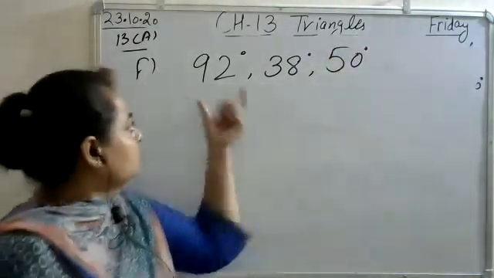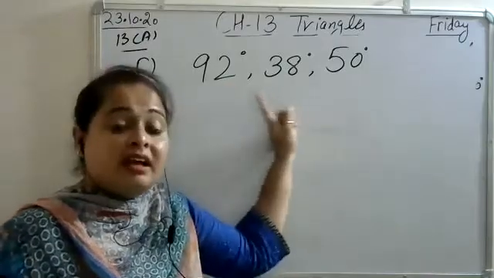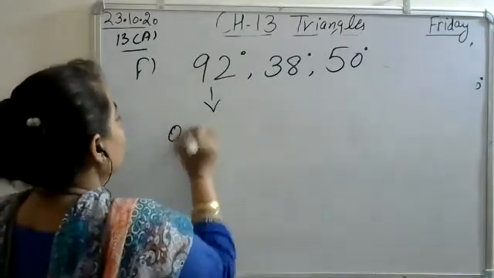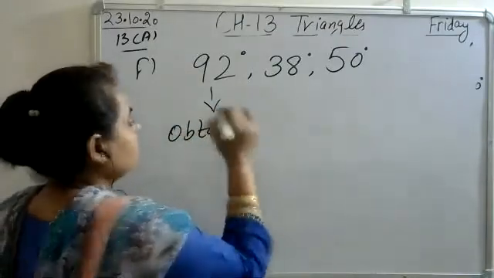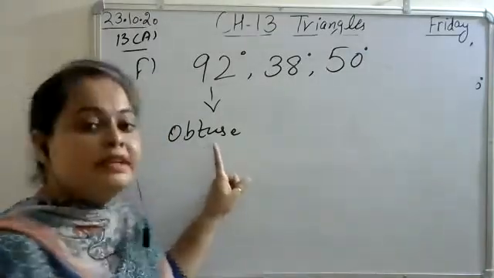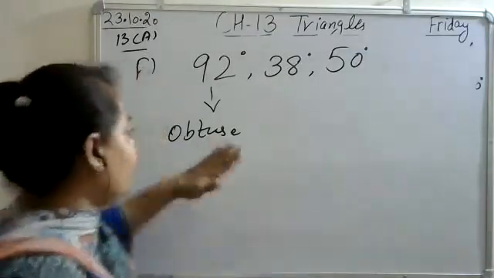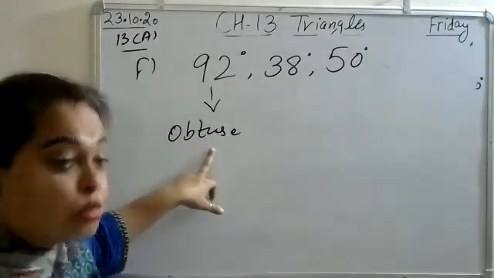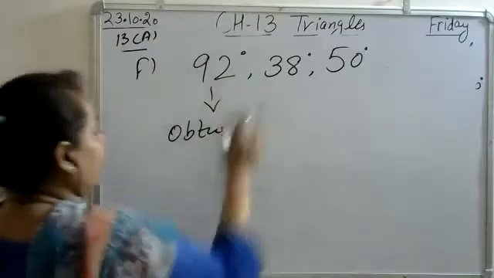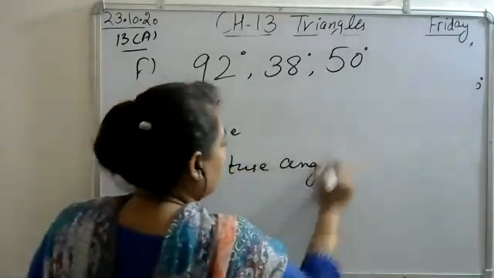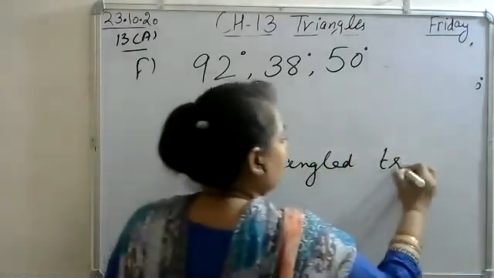Look. Check all the angles very, very carefully. This is obtuse. तो इसको तो अब हमने देखना ही नहीं बेटा. One angle is obtuse. It means we will assign the name on the basis of this obtuse. So the name of this triangle is obtuse angled triangle.